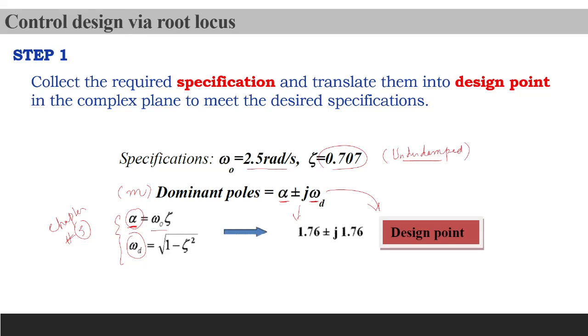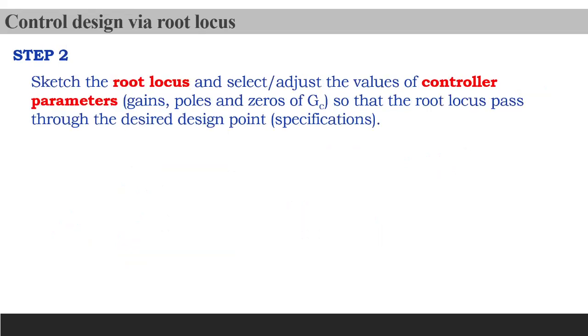Now, once we have figured out the specification and the design point of the control system, then we have to move to the next step, which is to sketch the root locus, of course, and then select or adjust the values of control parameters. All right, so there are parameters. In the previous lectures, we have seen that we added an additional controller in the forward loop with the main plant function, if you remember, right?